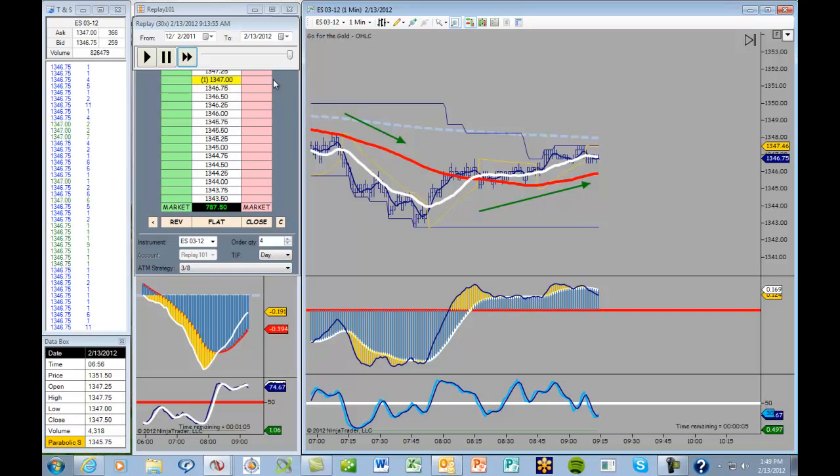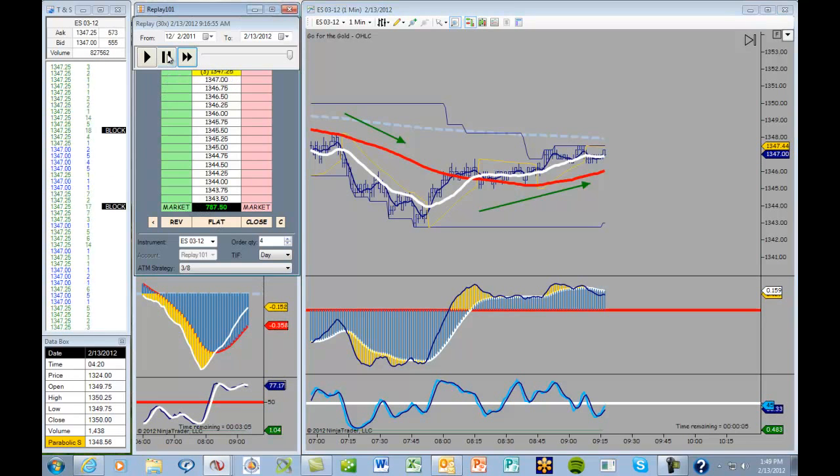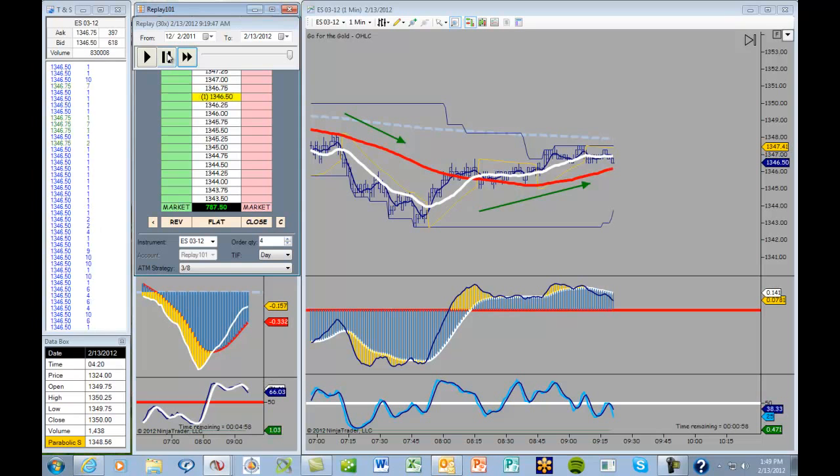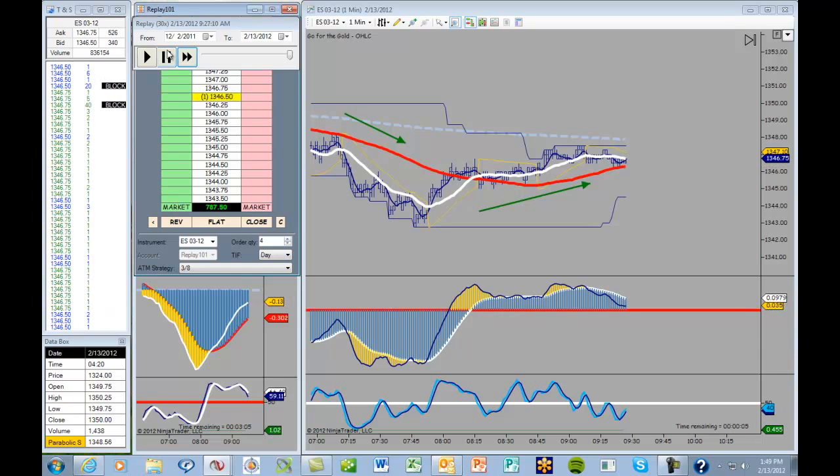You can see that 5 minute MACD over here on the left is still looking very, very bullish. And we're drooping to the south side here. What's going to happen?